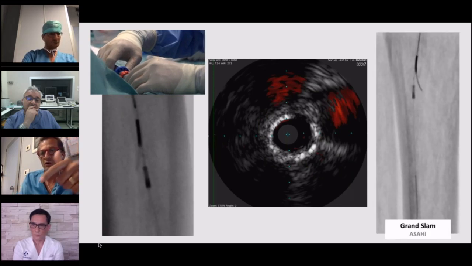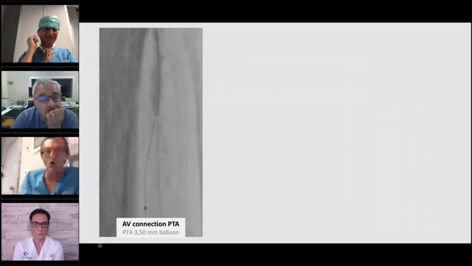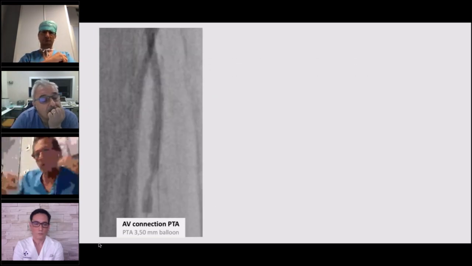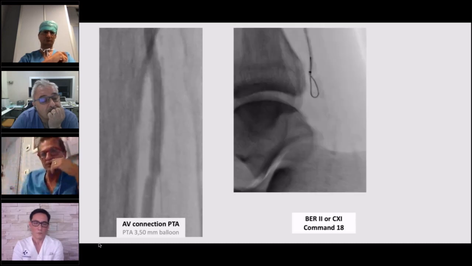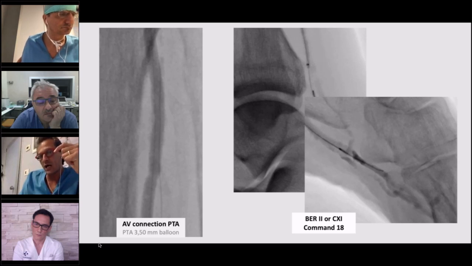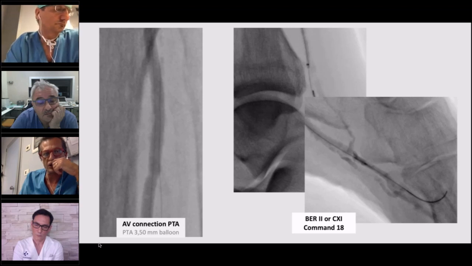We go into the vein with a 0.014 non-hydrophilic wire, we open this AV connection with a PTA, and then we cross all competent valves with different catheters and guide wires, usually a common 0.018 guide wire, until the guide wire arrives into the deep foot venous arch.